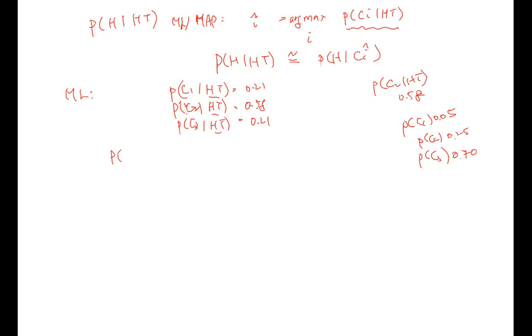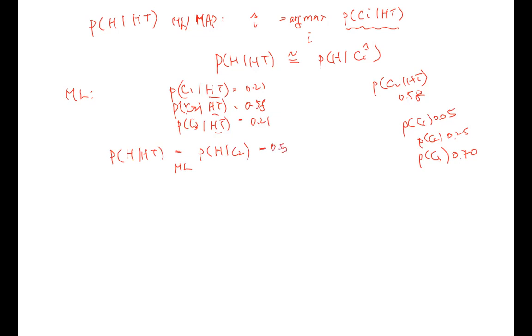Therefore, the probability that the next time I get a head, given this observation, is just P(H given C2). So this is ML. I know P(H given C2) is simply 0.5.